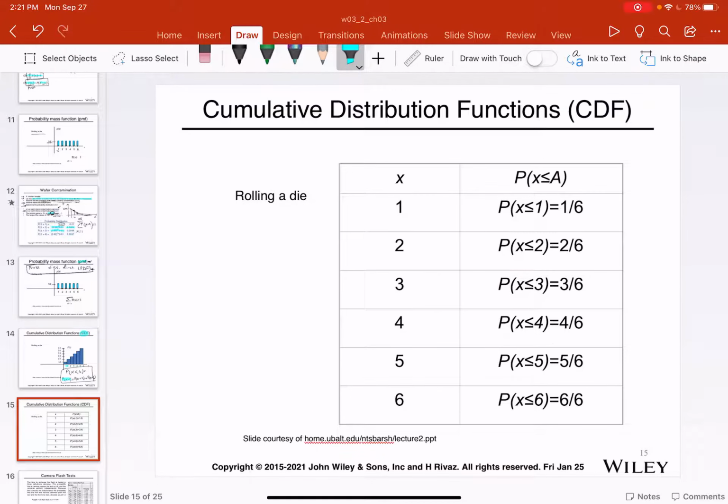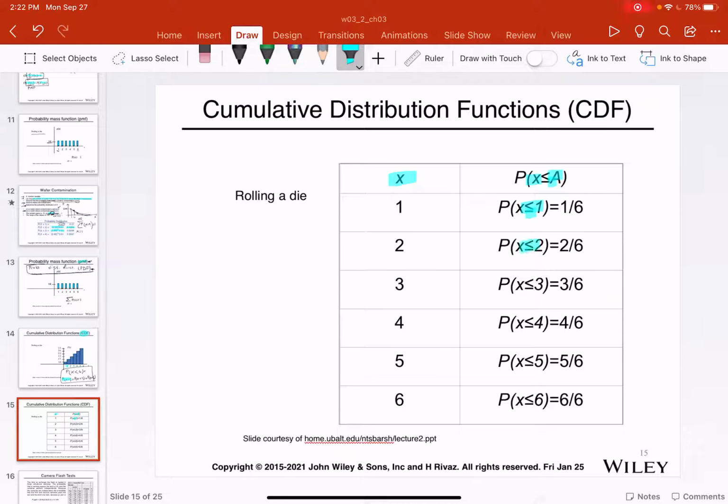If we look at the table, this column shows X, and this column shows the probability of X being less than or equal to some number. The probability of X being less than or equal to 1 is 1 divided by 6, because the only outcome is 1.